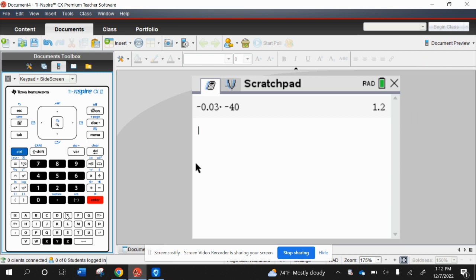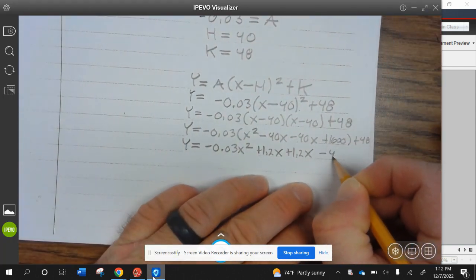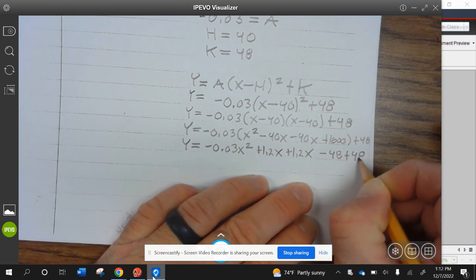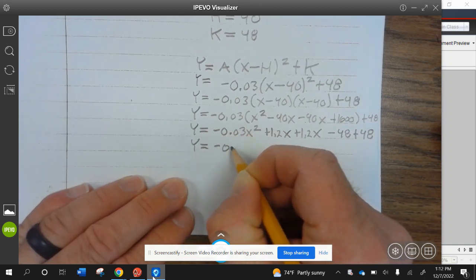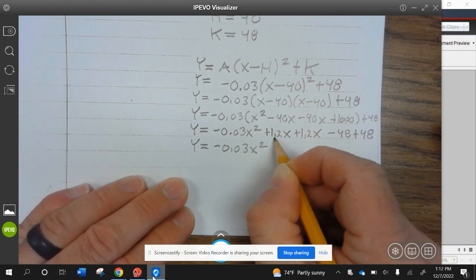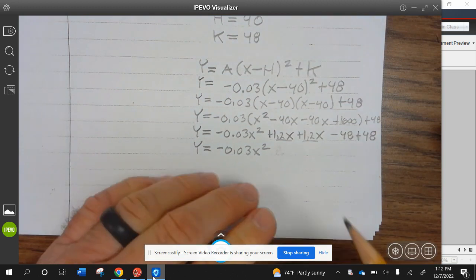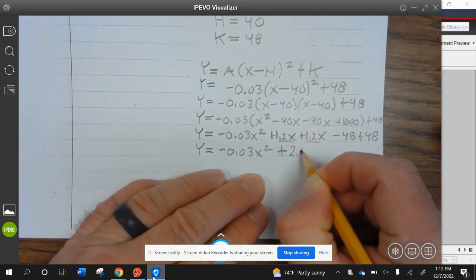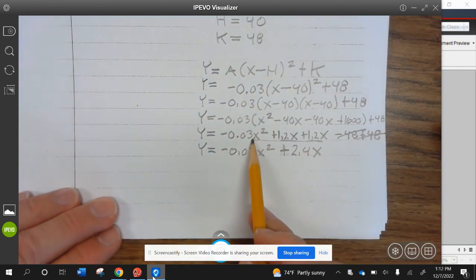Multiply negative 0.03 times 1600 is negative 48. Plus 48. Okay, so then that's y equals negative 0.03x squared. Combine these, so that's plus 2.4x. Those cancel, so this is your equation.